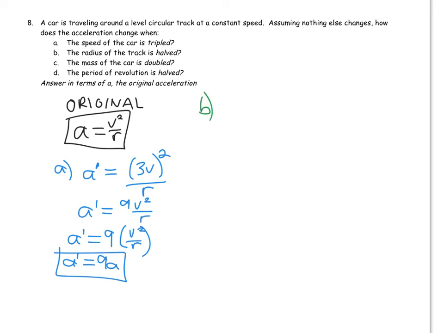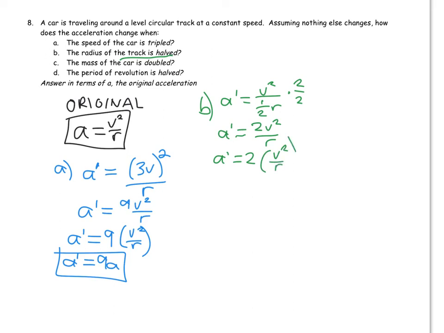For b, the acceleration changes because the radius of the track is halved, so I'm going to say a prime is equal to v squared over 1/2 r. I'll get rid of that double fraction by multiplying top and bottom by 2, so a prime is equal to 2v squared over r. I'm going to pull out that 2 once again, so a prime is 2 times the quantity v squared over r.